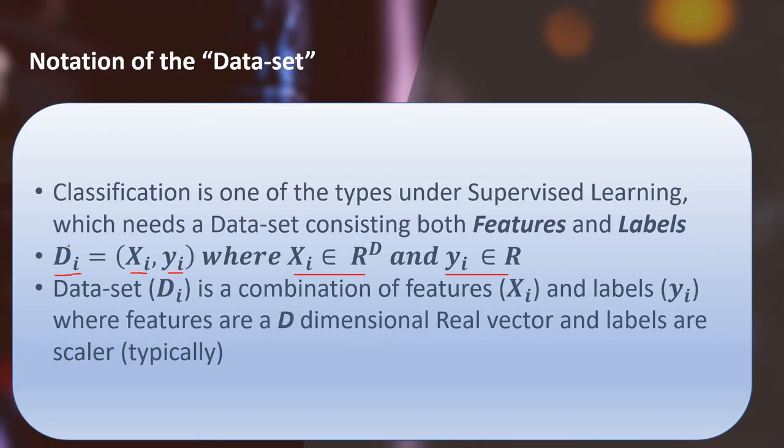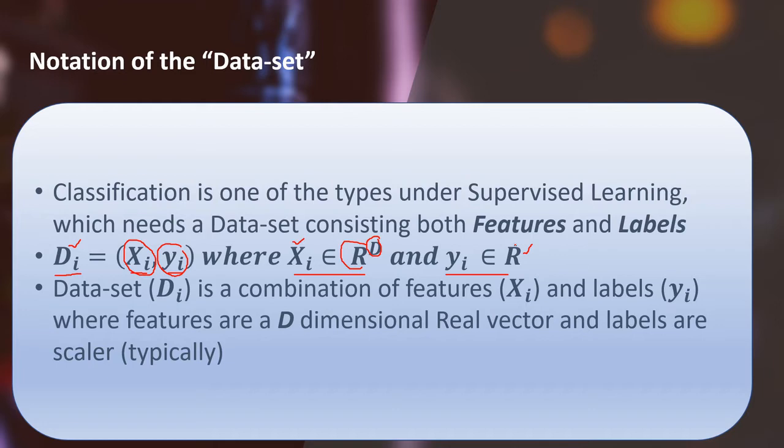Di represents the data set, xi represents a particular feature set, and yi represents the label corresponding to the feature set xi. xi belongs to R^d means xi is a vector of real numbers of dimension d. Similarly, yi is a scalar real number. Typically yi, the label, is a scalar value, but sometimes we also represent it as a vector value as well. We will come to this point when we do hands-on coding.